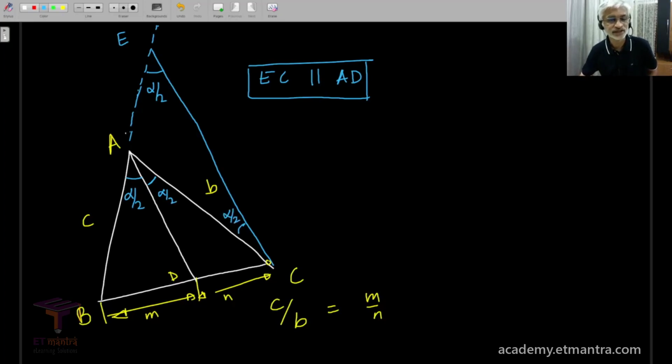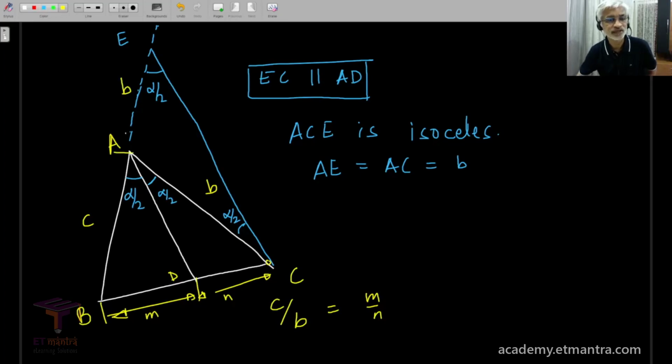And now we see very quickly that ACE is isosceles, and that's almost the end of the proof, or is it? If it's isosceles, then AE is equal to AC is equal to B. So I shall write this as B, and this as also B.